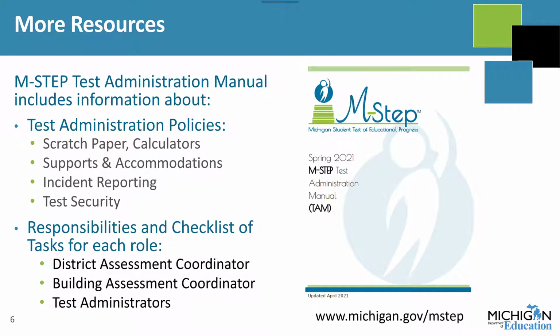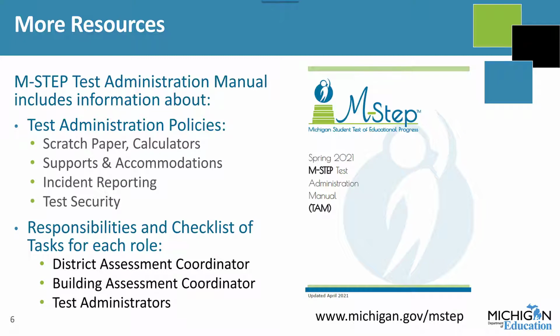The M-STEP Test Administration Manual will be available late January and includes detailed guidelines for before, during, and after the M-STEP test administration. The Test Administration Manual provides test administration policies and procedures, as well as step-by-step information for each assessment task that needs to be done before, during, and after testing.